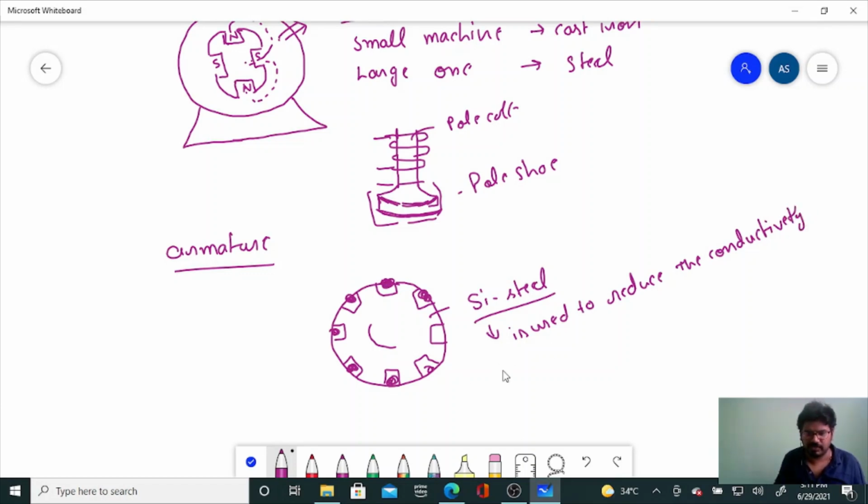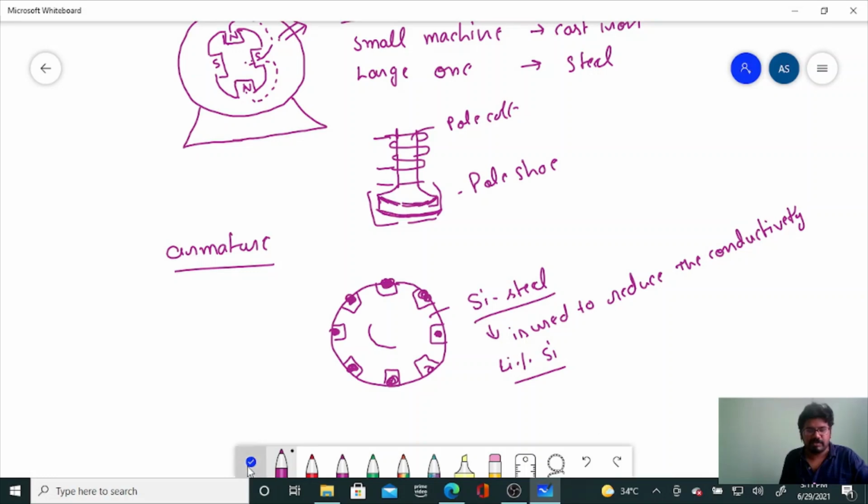But we are restricted to use only 4% of silicon, because if we use more silicon, then the mechanical stability will be disturbed. So, 4% silicon. Then we want the armature winding in these slots.